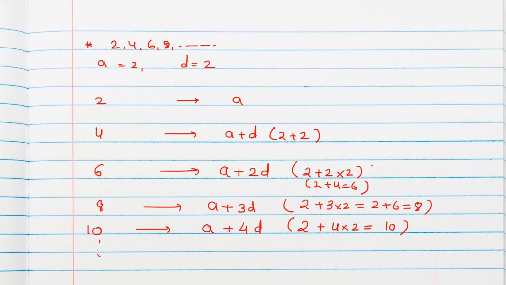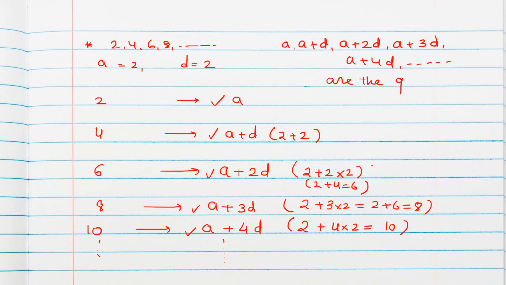And so on we can write. So these, see, A plus D, A plus 2D, A plus 3D, A plus 4D, and so on are the general terms of an AP.